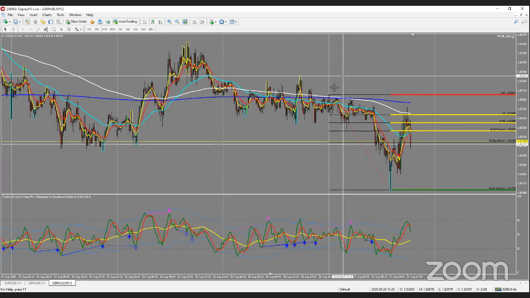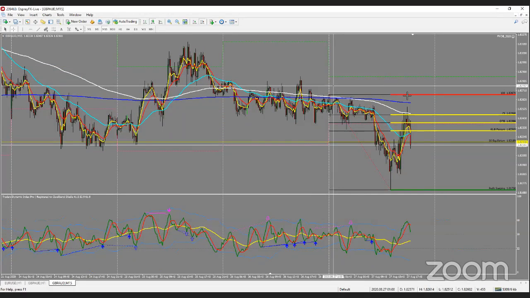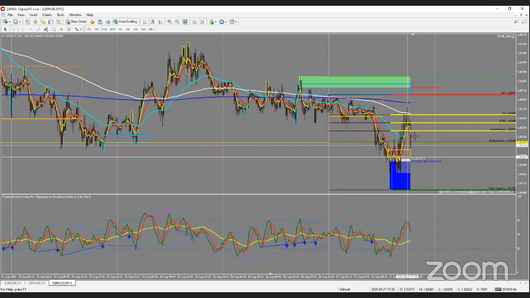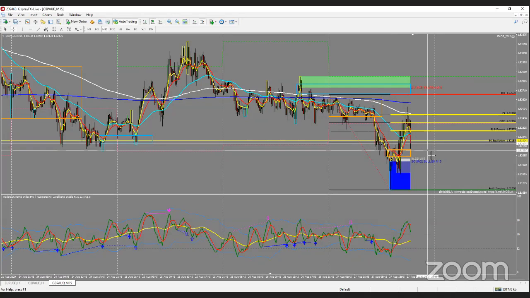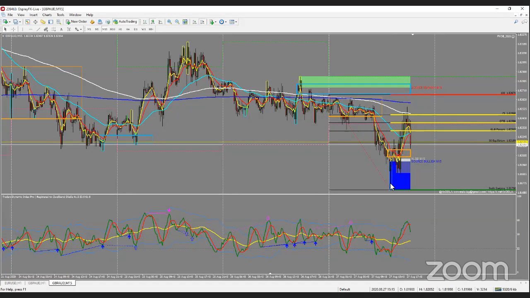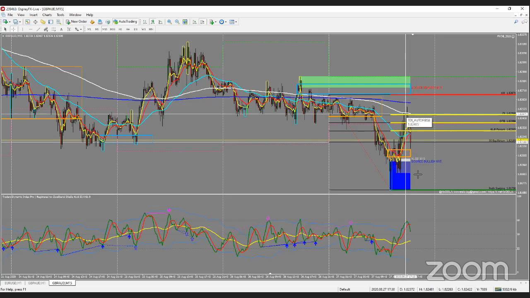We're in a bullish 15-minute order flow right now, but we're probably about to get a new 15-minute bearish. Price traded from this low back into the 79% retracement level, 200 EMA rejection, and now it's starting to sell back off.